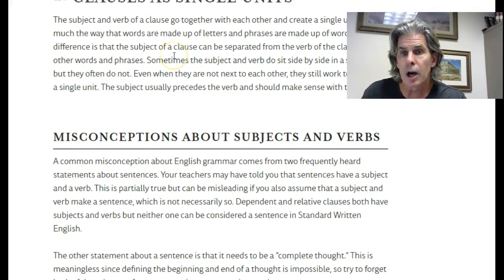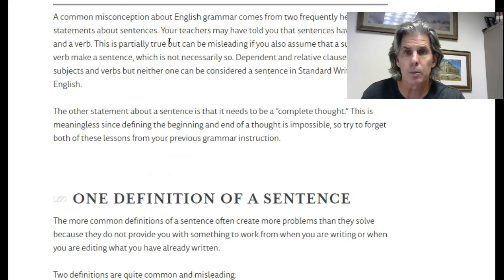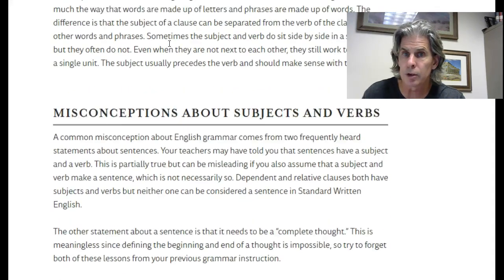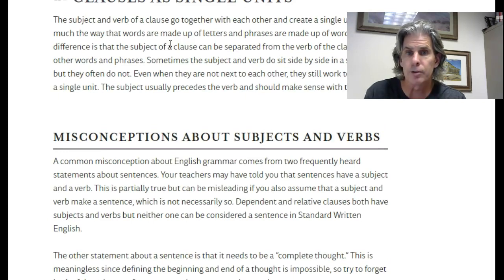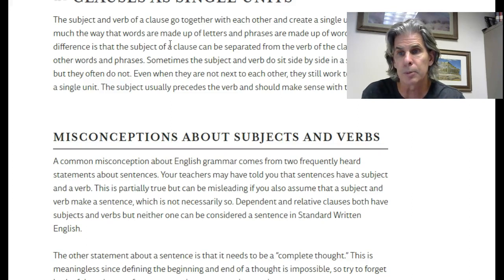That's the topic of the sentence. So it's not necessarily the subject in a grammatical sense. And the verb is not necessarily an action. And we spoke about that with chapter 8. It could be a linking verb. So those are misconceptions that people often have about subjects and verbs.